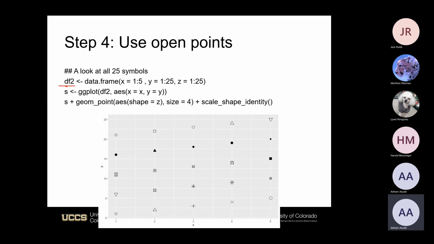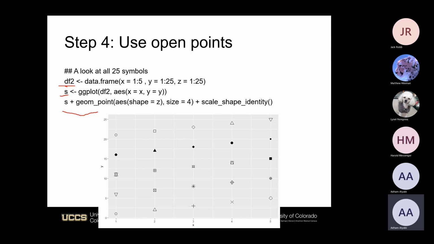So we use ggplot to create this data structure for plotting, setting aesthetics with x equal X and y equal Y, return that to s. And then the outcome was s plus geom_point, with the shape being equal to Z in aesthetic.